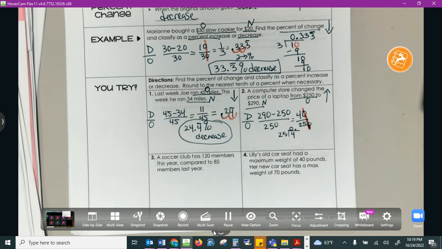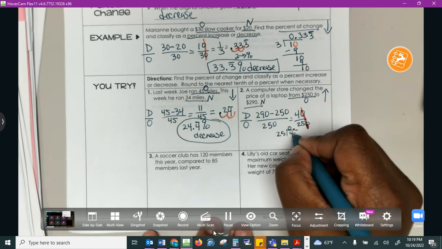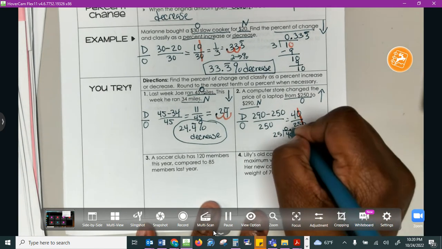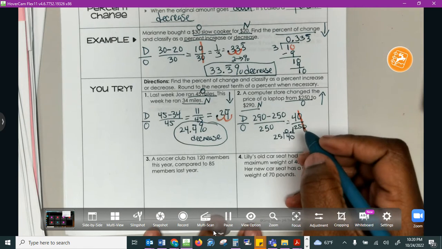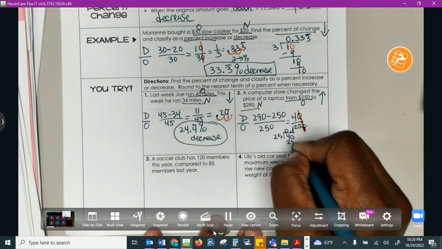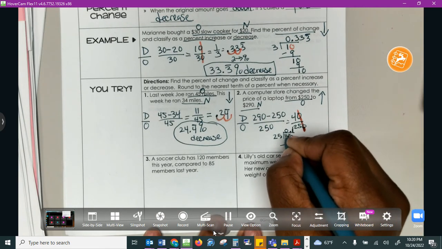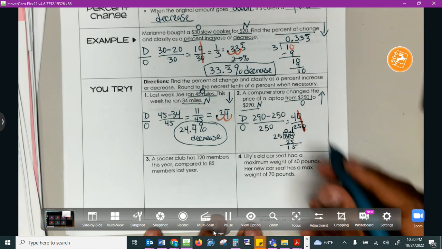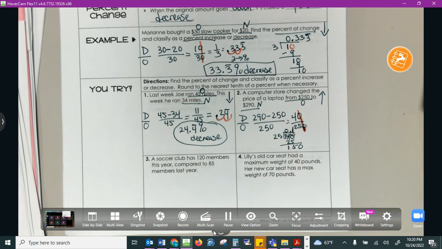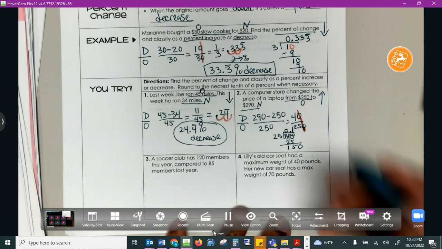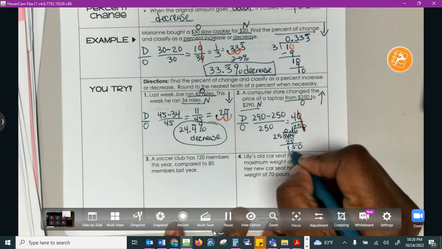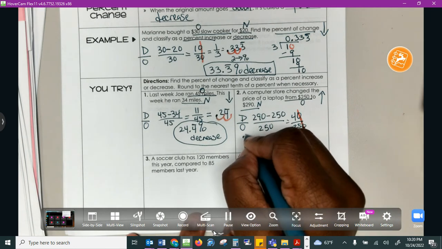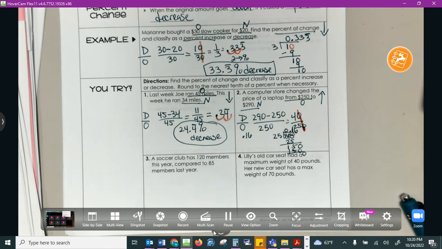So I'm going to add a decimal, and then I can put a 0 here. 25 can go into 40 one time, and that's 25. That becomes 15, so I need a 0. 25 can go into 150 6 times, exactly 150. So my decimal here is 0.16 hundredths.